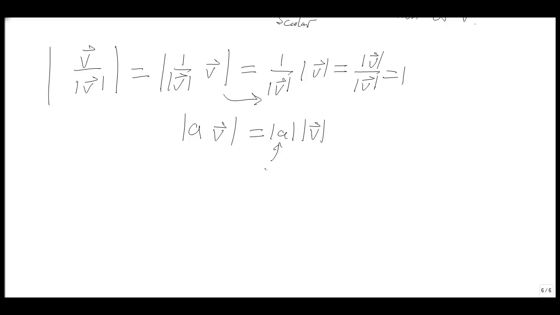Here a is a scalar, so your bars mean that this is an absolute value of a scalar. And this one, we have a vector inside, so this is a magnitude of a vector. This is something that's nice to get used to in mathematics. It's maybe a bit confusing at first, but we're using the same symbols to mean two different things, even in the same problem.